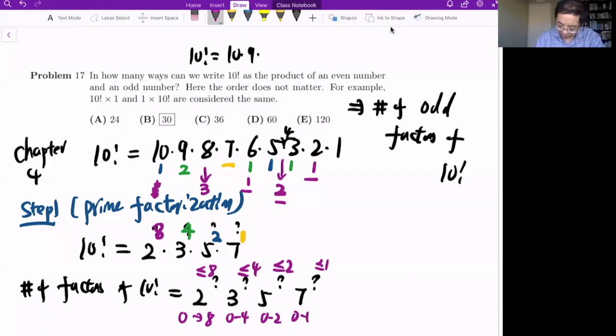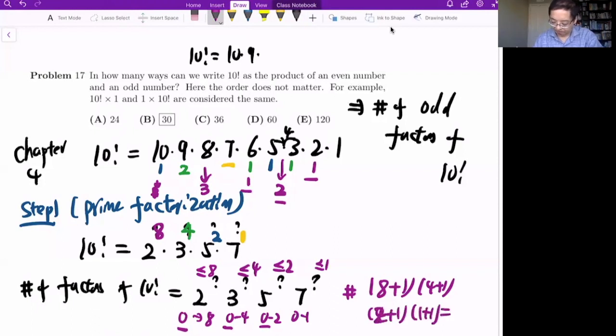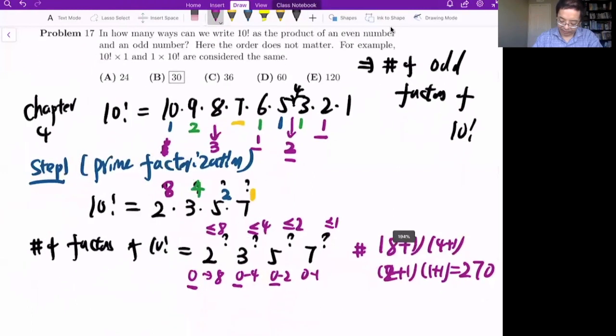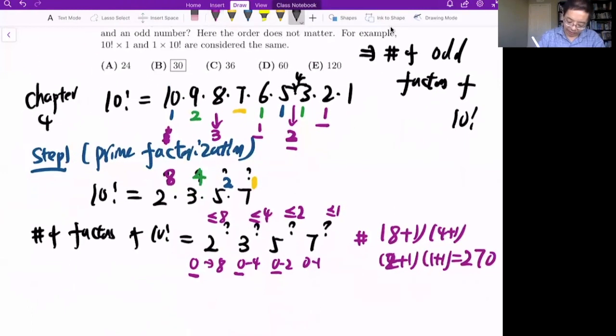The number is 8 plus 1, because we could include 0, times 4 plus 1, times 2 plus 1, and times 1 plus 1. So this is 270. That's the total number of factors of 10 factorial.